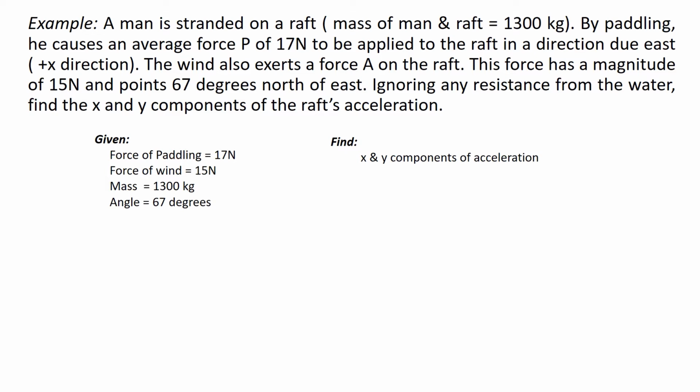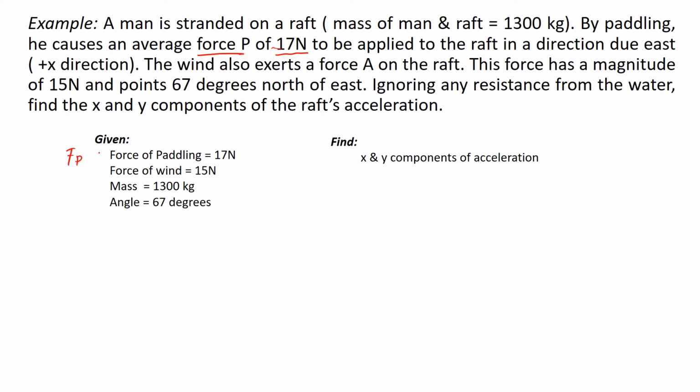Now the first thing to do is to identify all the available givens in this sample problem. The given here is the force of paddling, which is 17 newtons, and we can denote this as F sub P so we can write it easily in the equation.